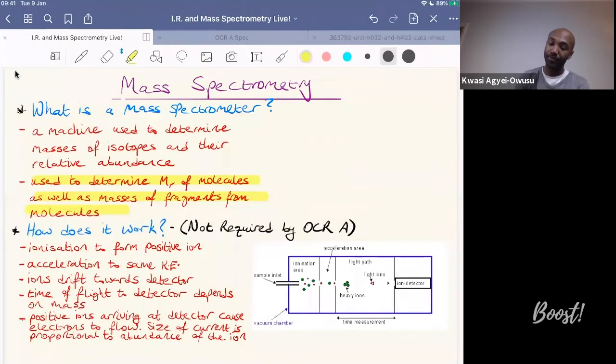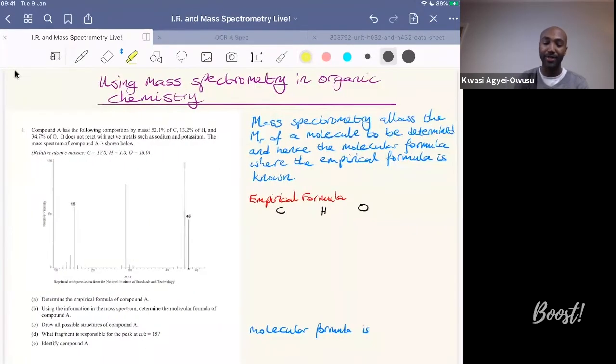Okay, so let's have a look at a typical mass spectrum, and let's use that to see how we can use that information to work out the possible structure of this organic molecule.